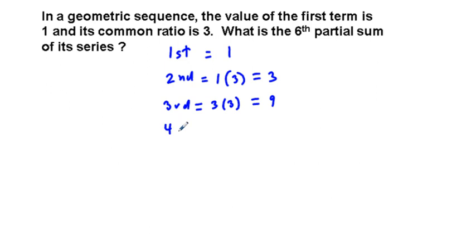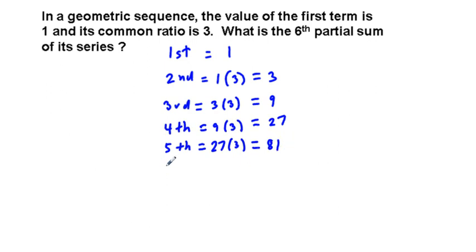And our fourth is 9 times 3 equals 27. And then our fifth is 27 times 3, which equals 81. Our sixth is going to be 81 times 3, which equals, I think, 243.